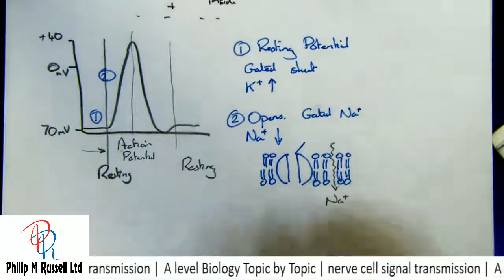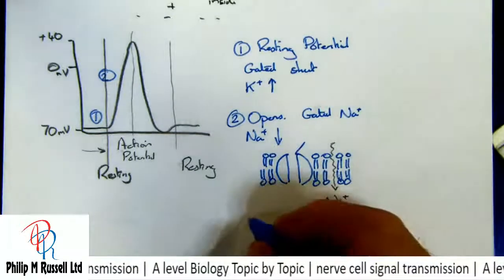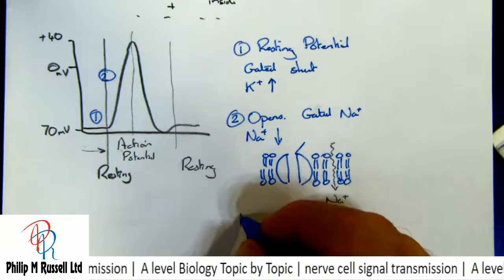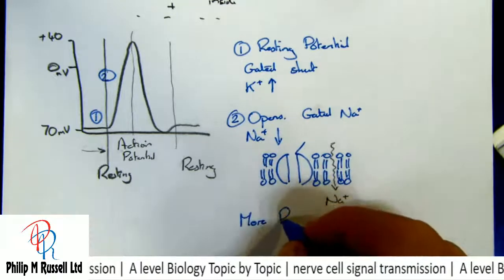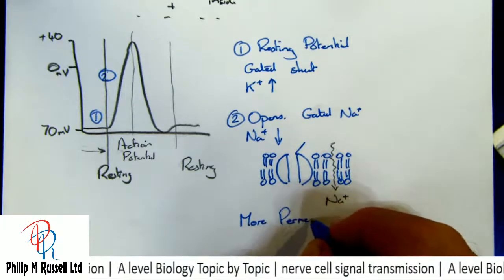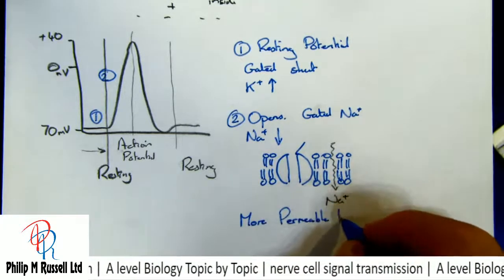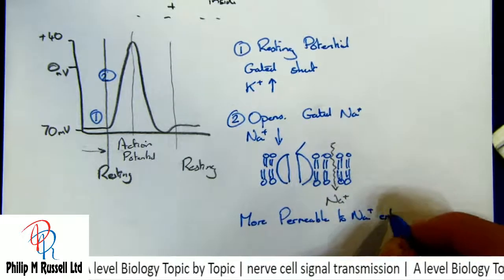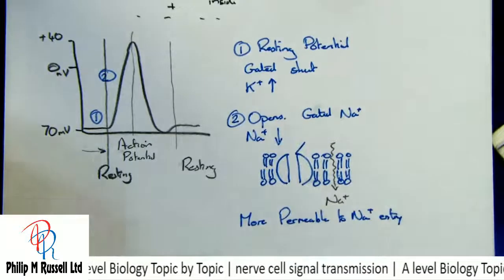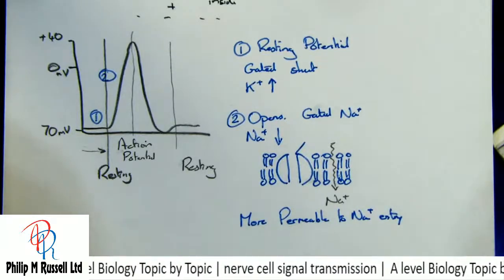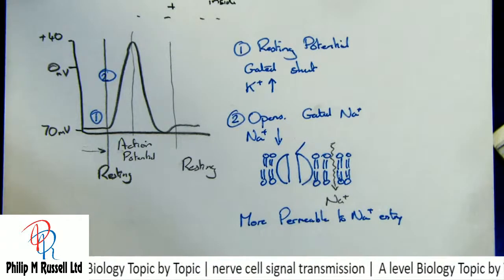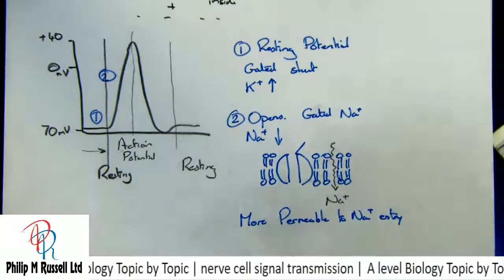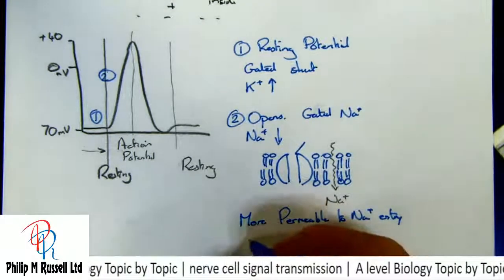So this membrane has become more permeable to Na+ entry. Now what's going to happen here? Well, this is going to make the inside less negative.